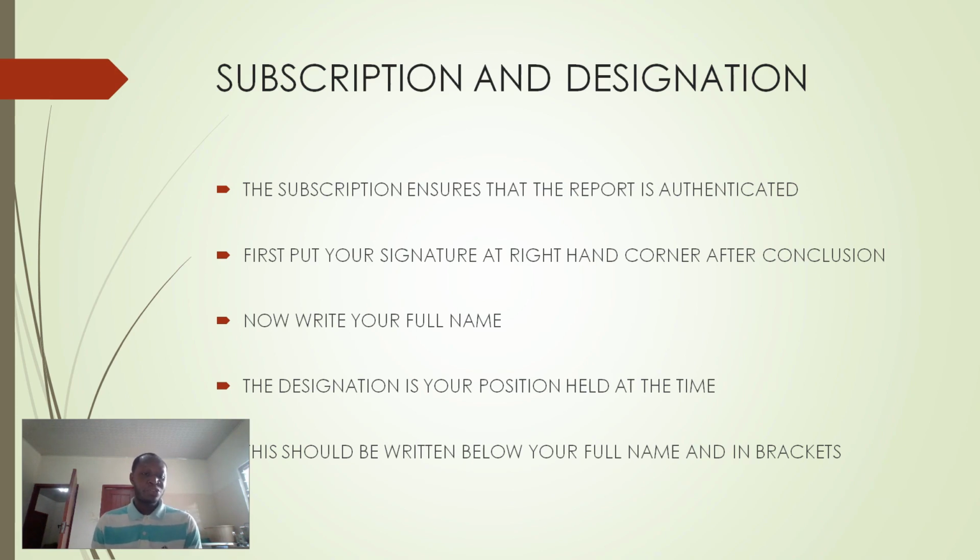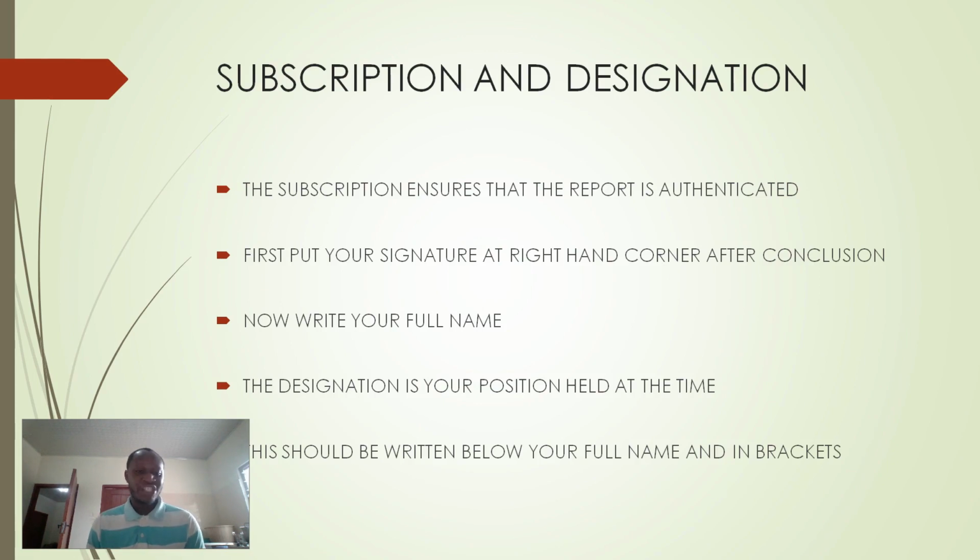So your report should have a subscription. By subscription, what we simply mean is that your signature should be written, and your signature is put at the right-hand corner of your paper or script, immediately after your conclusion. Your signature comes first, followed by your full name.